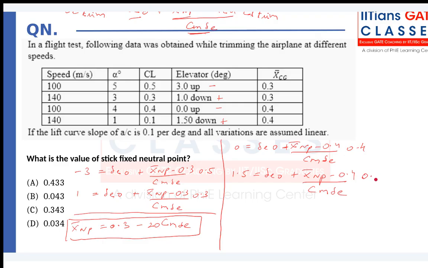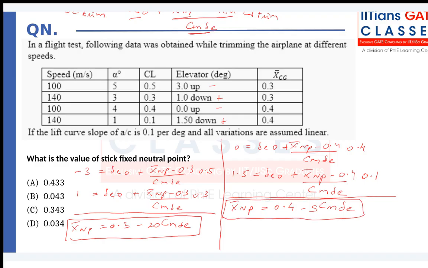Again subtract, and I'm writing the final equation. You get x bar np equals 0.4 minus 5 cm delta E. Now these two equations in boxes, you can solve to get x bar np.